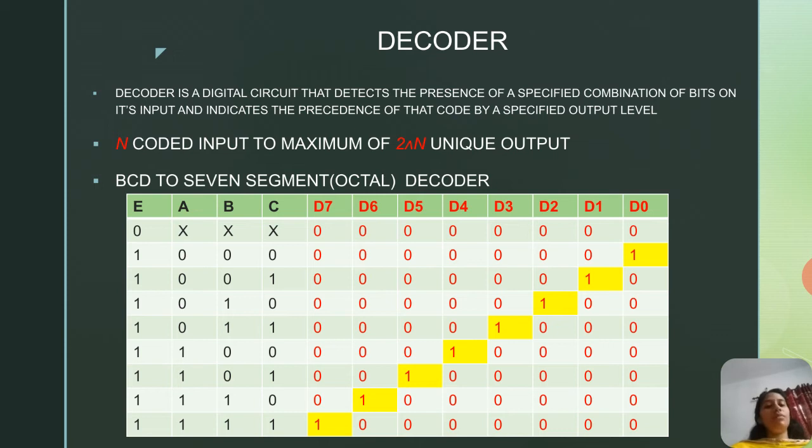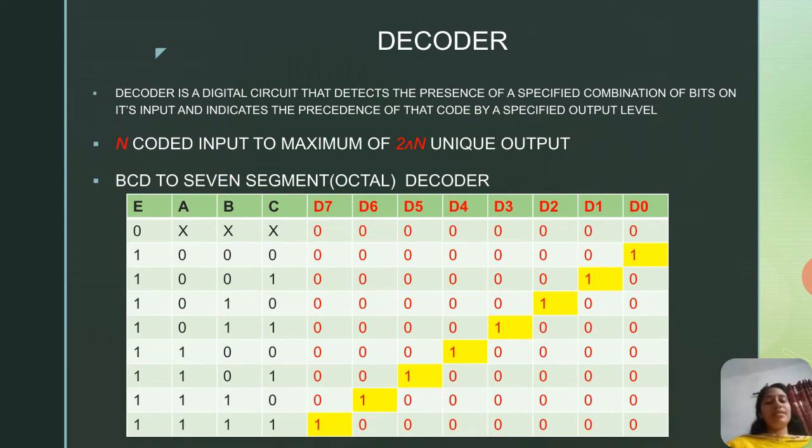Then you give the input one by one, from 000 up to 111. You are getting the corresponding 1 enabled as different values.